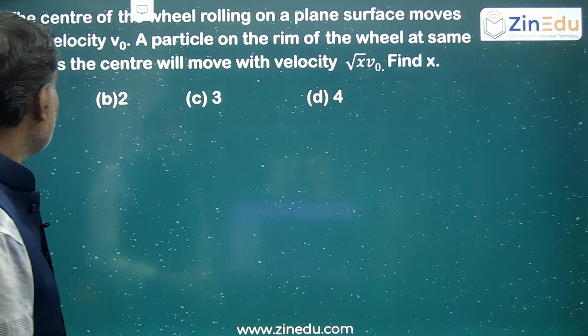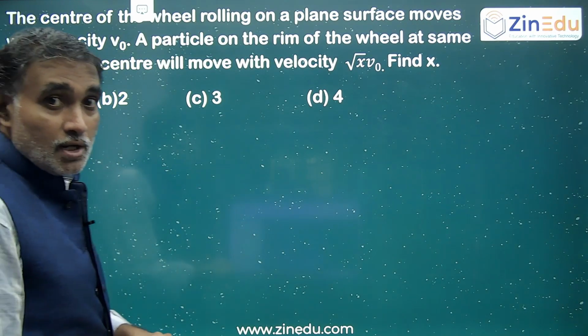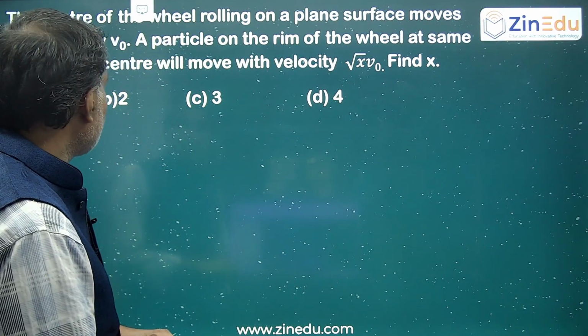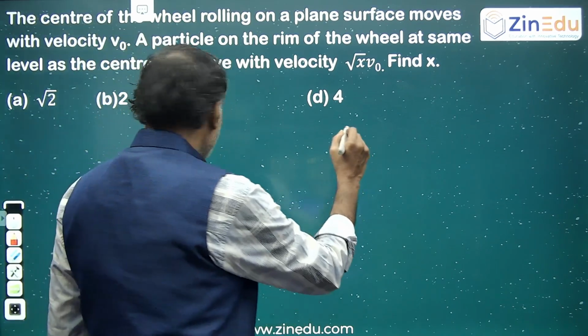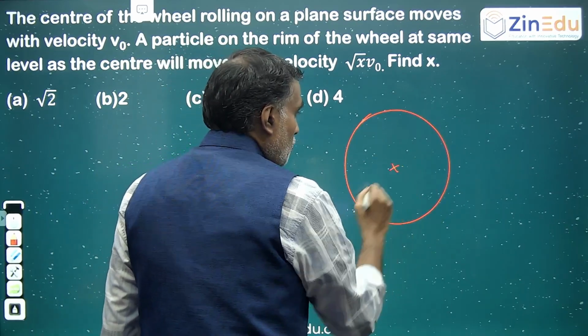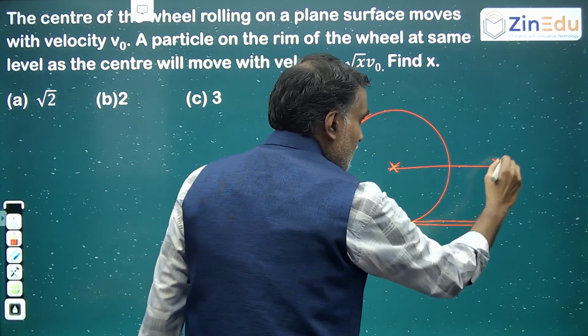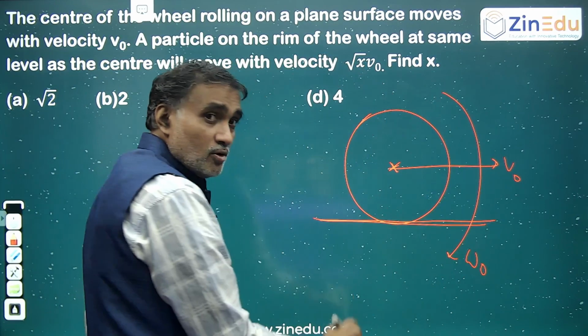Now, next question. The center of a wheel rolling on a plane surface moves with velocity v naught. A particle on the rim of the wheel at the same level as the center will move with velocity root x v naught. Find x. When a wheel is rolling on a fixed ground surface, the center of mass has velocity v naught and angular velocity omega naught, so v naught equals r omega naught.